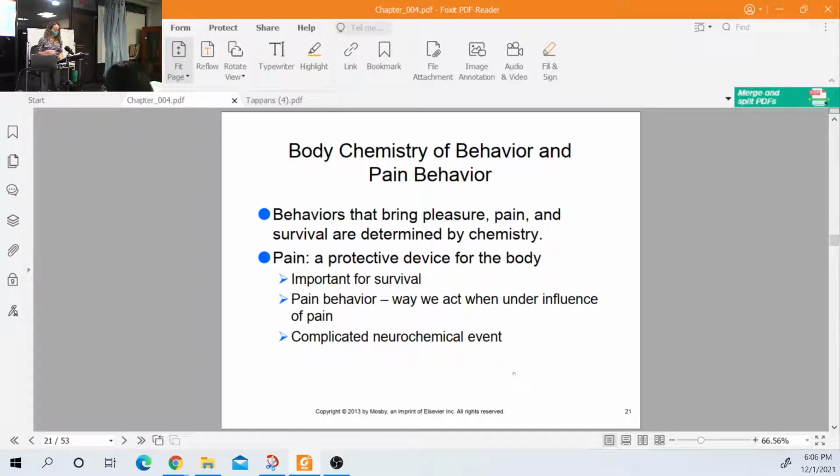So we have drugs that can interfere with these signals getting sent to the brain. That's how pain relievers work. The pain is not non-existent. The message is not getting to the brain. And so there's good and bad results from that.